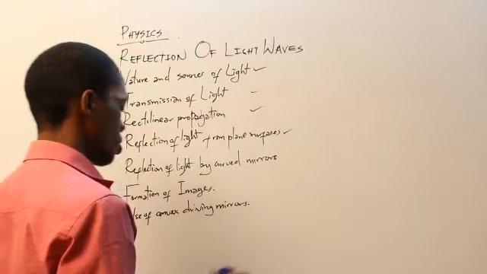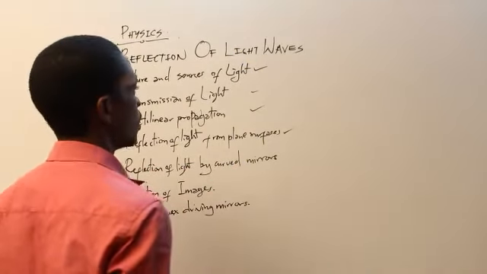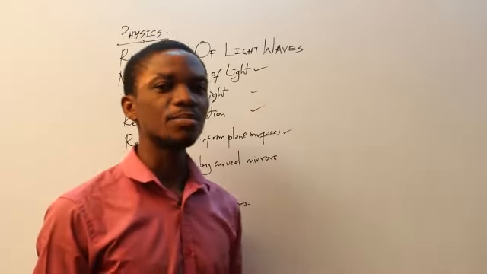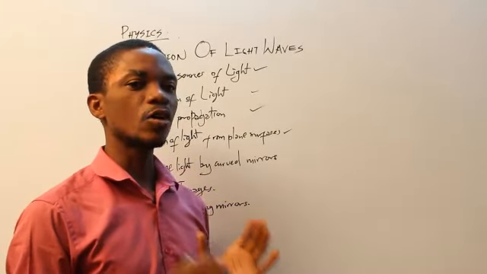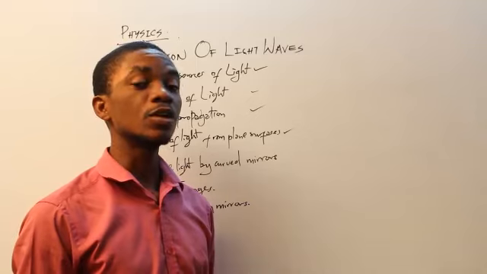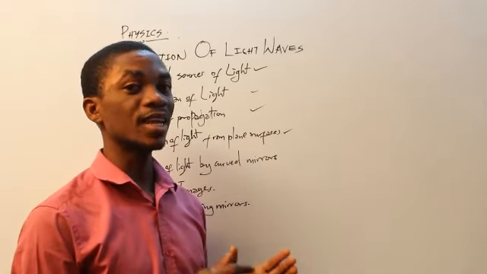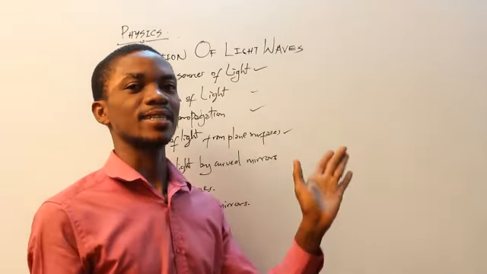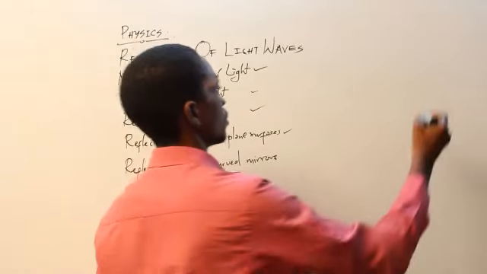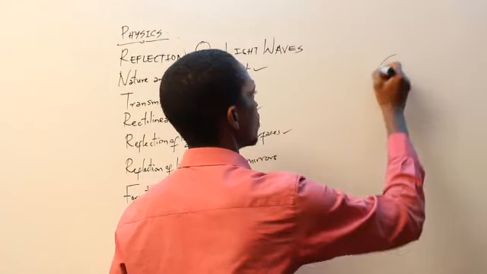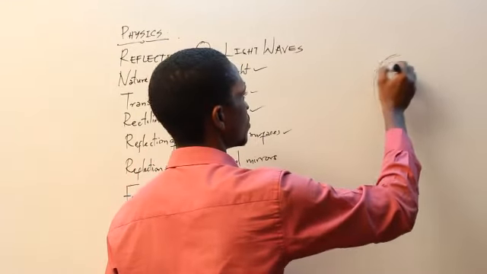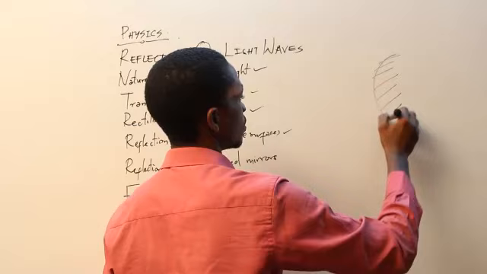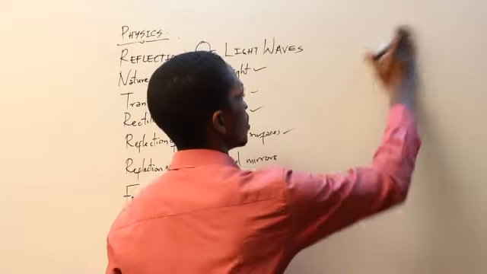But the difference between the lenses and the mirrors, in a convex lens, the lens scatters the light just the same way a concave lens is made. I'm sorry, this is convex lens.